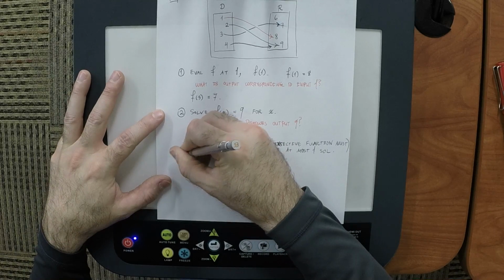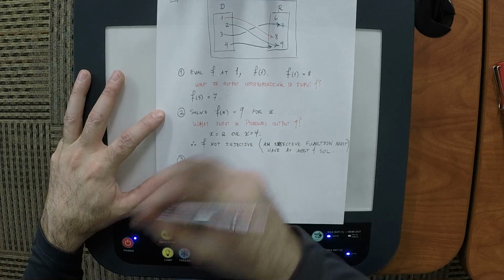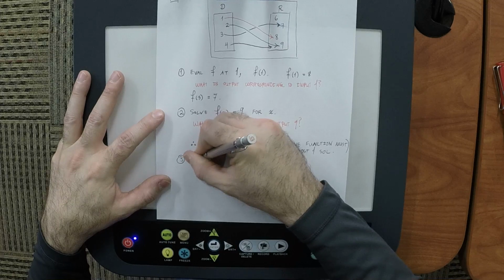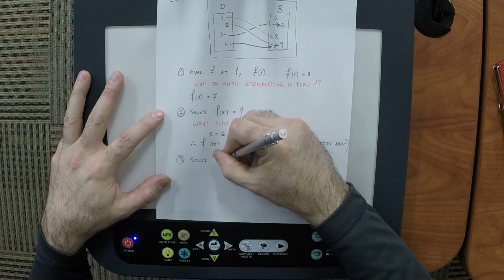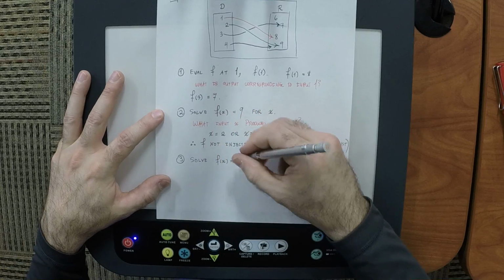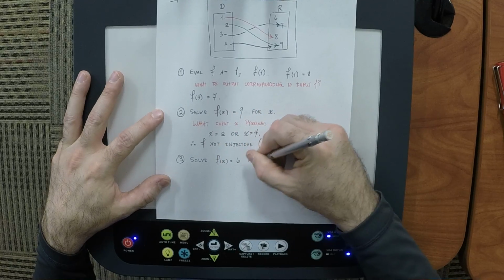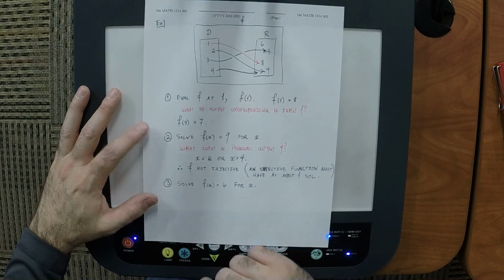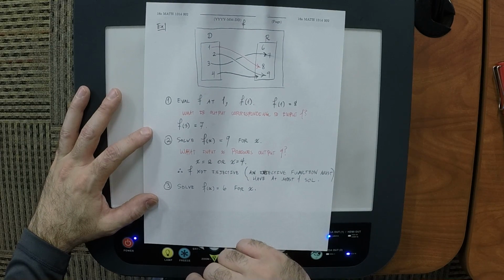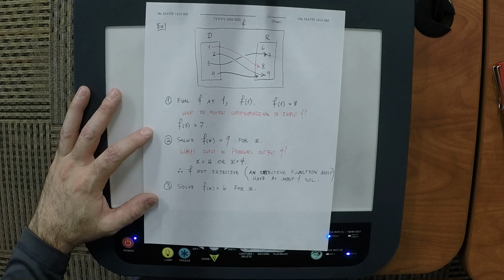Right. So now here's a different question, which I suspect you're expecting. Now please solve f of x equal to 6 for x. There's no solution.